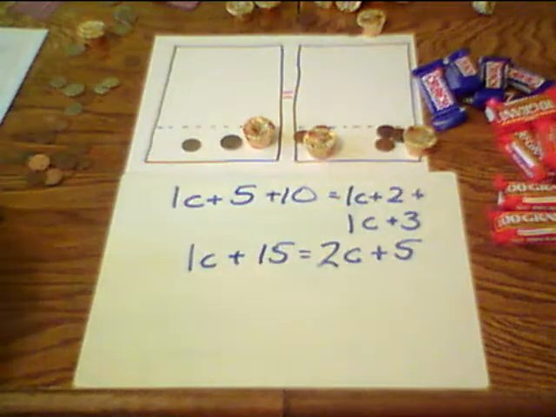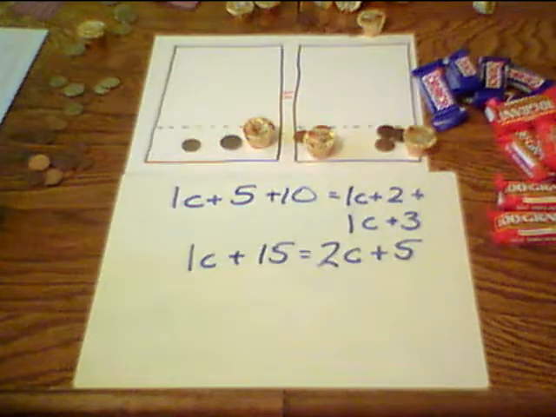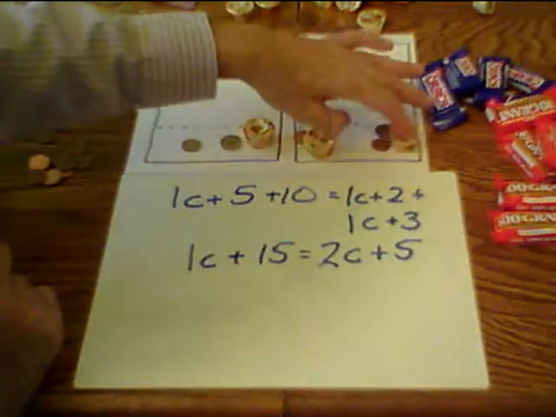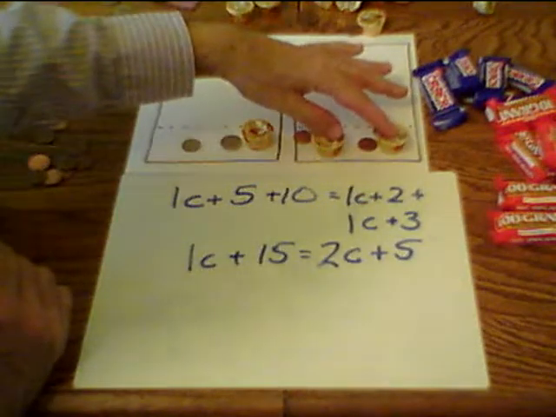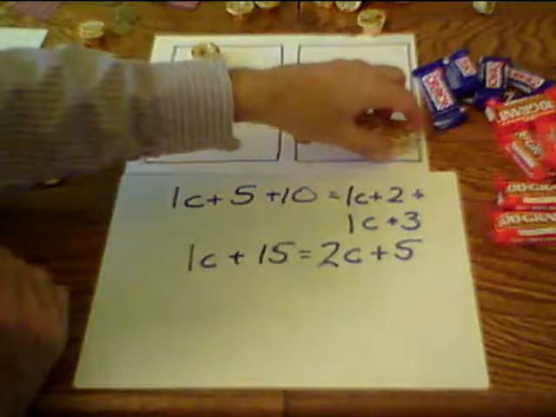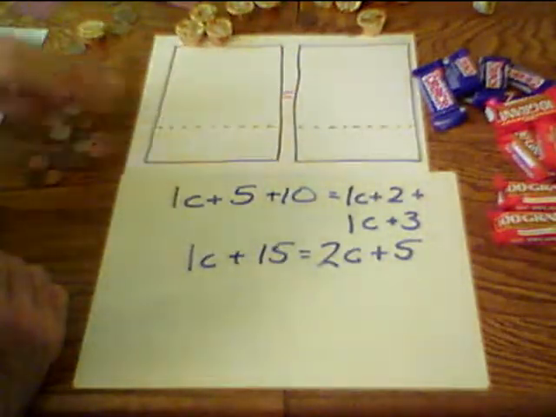Okay, so now we've done variables on one side of the equation, variables on both sides of the equation. And we've always had just one more variable than the other. If you notice all these problems, one side had one more unknown. Now we're going to find out where you have more than one unknown on one side.